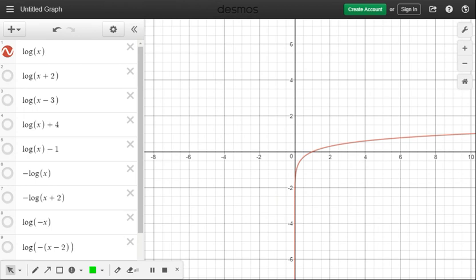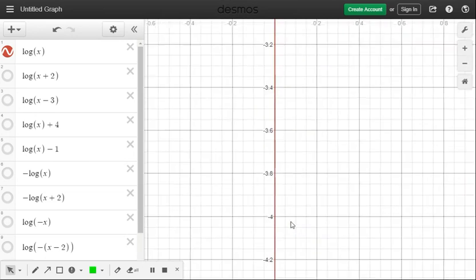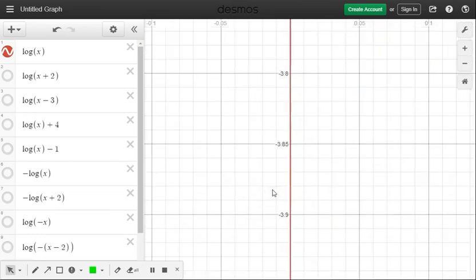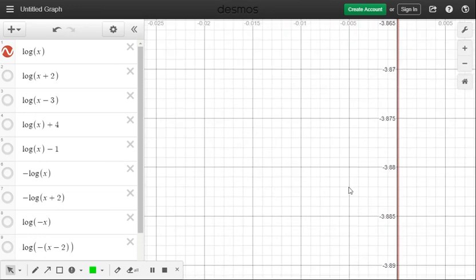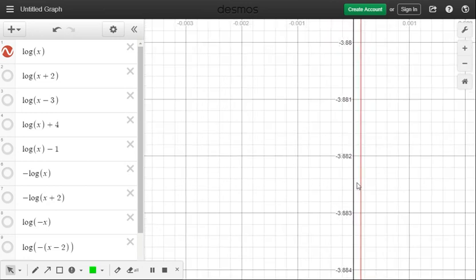And if you try to tie it into exponential functions, we were talking about domain and range. So you see that this graph right here is going along the y-axis. Well, if I were to zoom in, and you have to zoom in very close, you can see that there is a gap between the graph line and the y-axis.